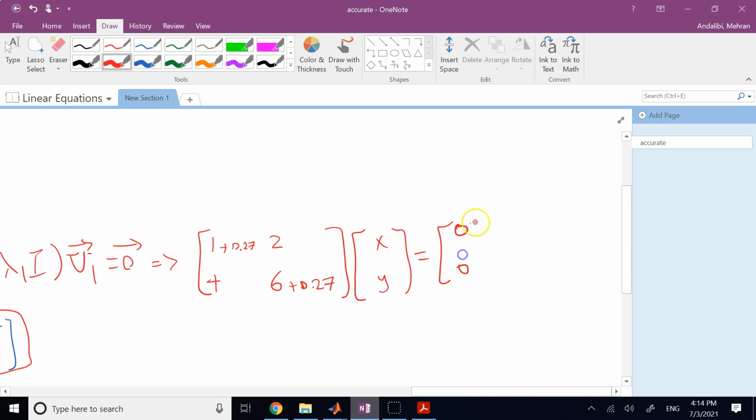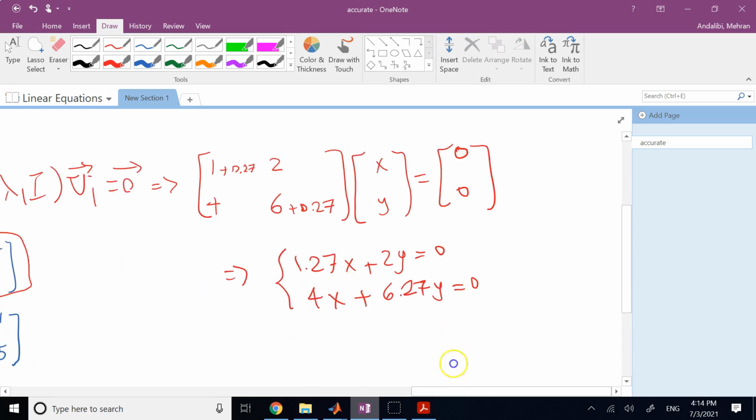So here you will get two equations, correct? One of them is, for example, 1.27x plus 2y equals 0, and the other is 4x plus 6.27y equals 0. And guess what? It seems like you have two equations. It's a homogeneous set of equations with two unknowns. But the matter of fact is, whatever number you multiply 1.27 by to get 4, you have to multiply the 2 by the same number to get 6.27.